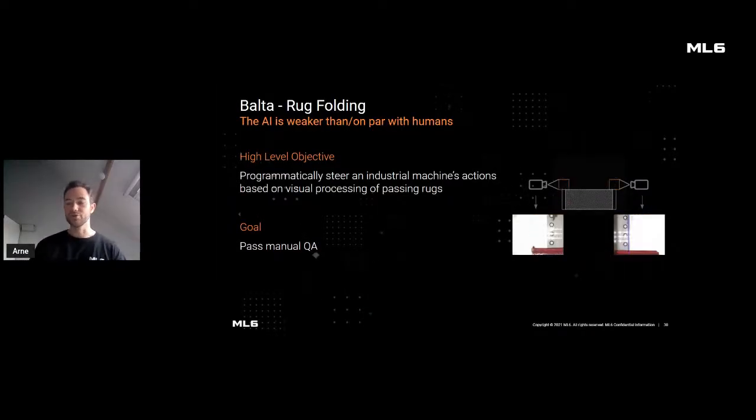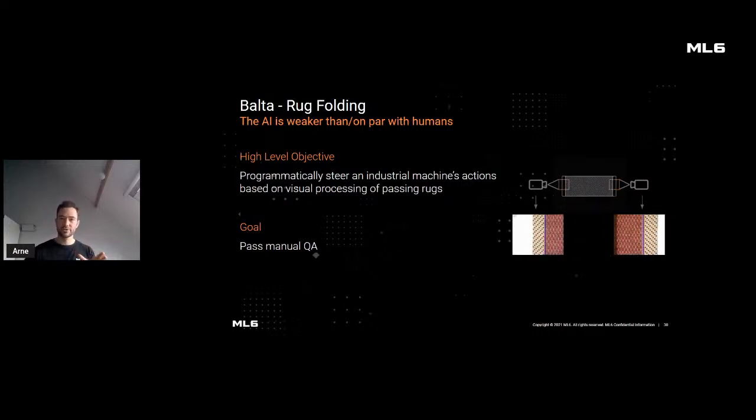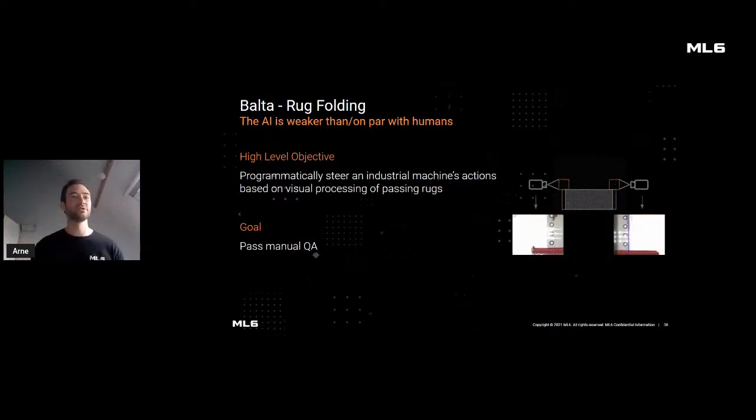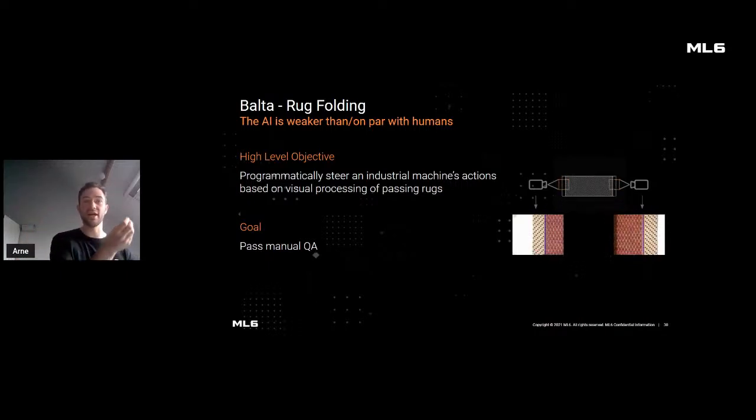Now, the actual use case that we're trying to solve is, so the high-level objective, a rug is sliding over a conveyor belt. We have cameras on either side, and we need to accurately detect the location where we need to fold the rug. And so we then need to steer the machine in real time to do this.